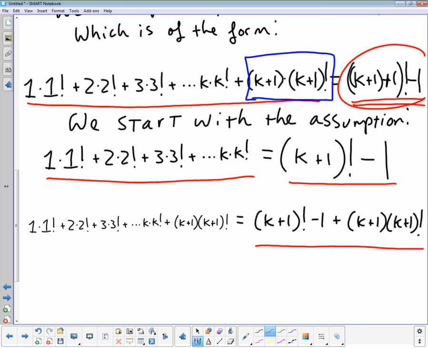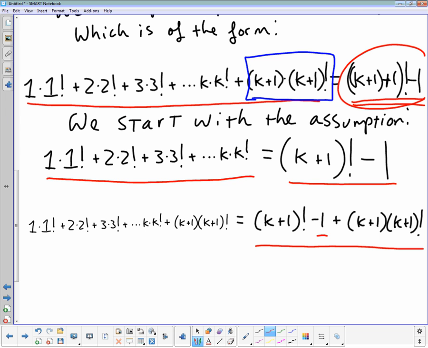It's k plus 1 factorial, it's really k plus 2 factorial. And then I'm subtracting 1. Fine. I have a minus 1 already. That part is done. I don't have to fool with that.